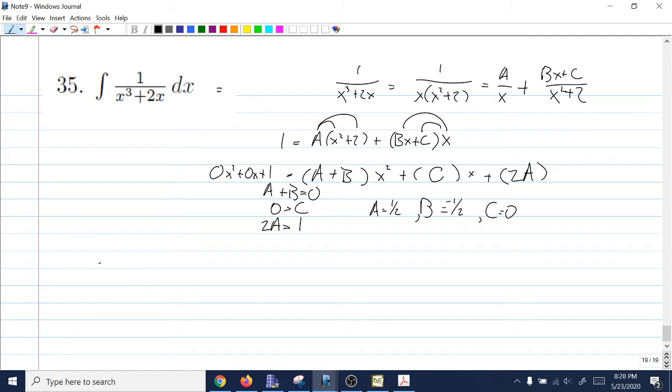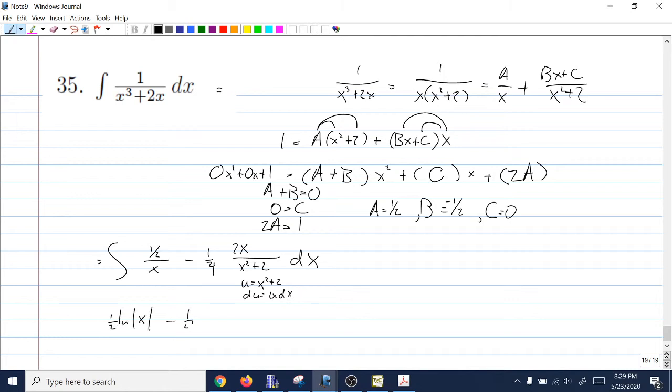This integral now turns into the integral of 1/2 over x minus 1/2 times x over x squared plus 2. Hey, look what I do here. I'm going to change that to 1/4 of 2x. And now I'm ready for u equals x squared plus 2, du is 2x dx. This first integral is 1/2 natural log absolute value x.